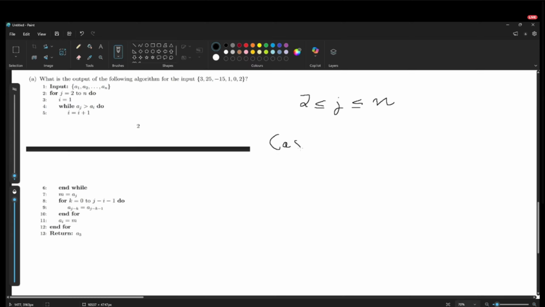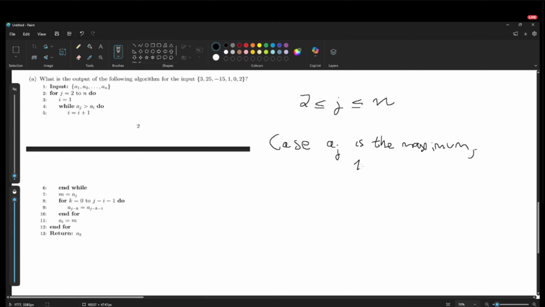There's one case where i keeps on increasing. There's one case where aj is more than everything, it's the maximum. What this means is that the loop will get executed n times.